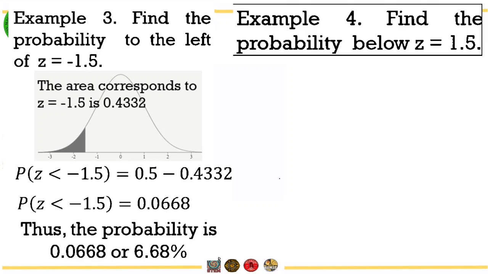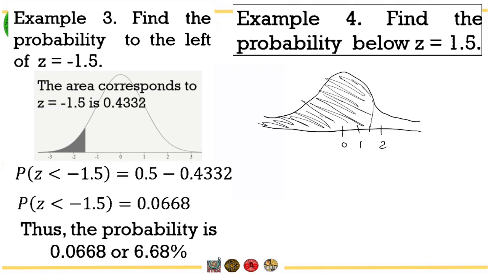Number 4, find the probability below z = 1.5. Again, let us illustrate so that we have an idea of the question. 1.5 is in the middle of 1 and 2. Then we find the probability below, so we shade to the left. Based on our illustration, it is more than 0.5, correct? Let's proceed to the notation. We know the area for 1.5 is the same as for -1.5, 0.4332. The notation is P(z < 1.5), positive 1.5.